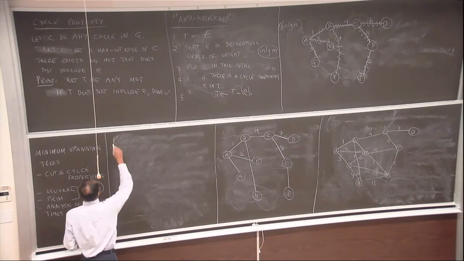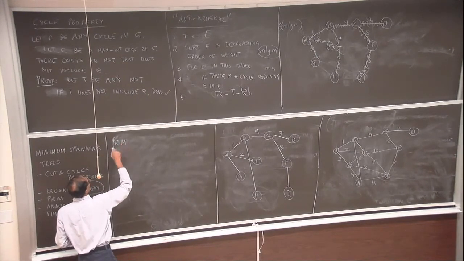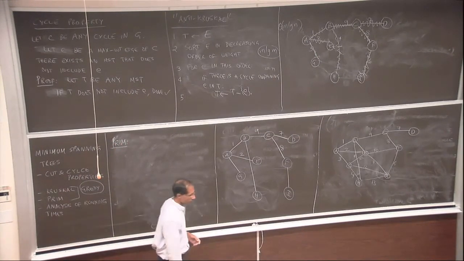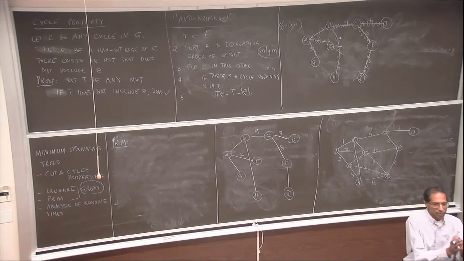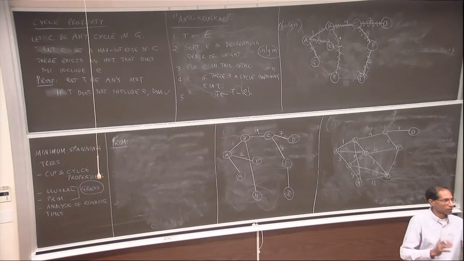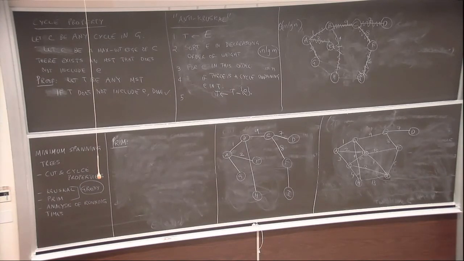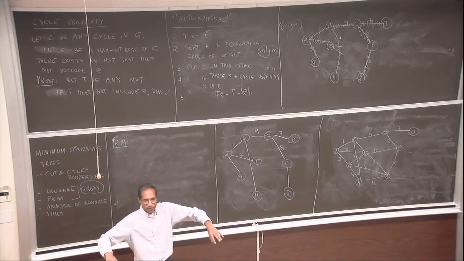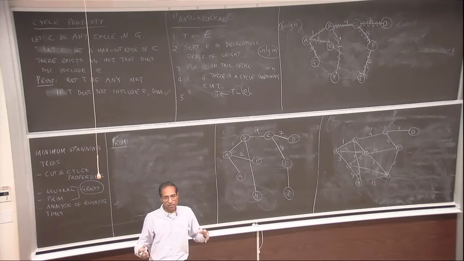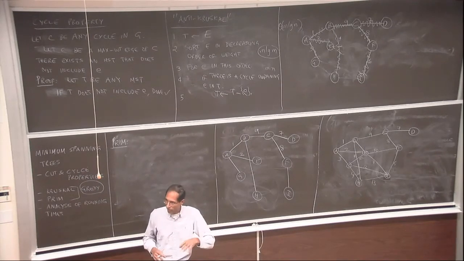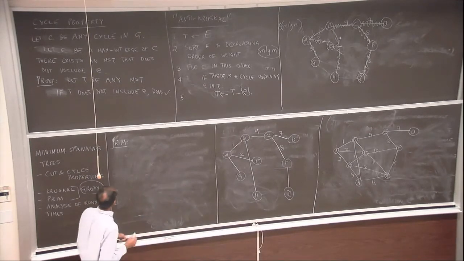So what Prim's algorithm does is it starts from one vertex and builds a tree around it. Okay? And it keeps building it as long as everything is not yet connected. Once everything is connected, it stops. How did Kruskal work? Kruskal had different components building in different places, and then they connected together. Here you're just starting from one place.